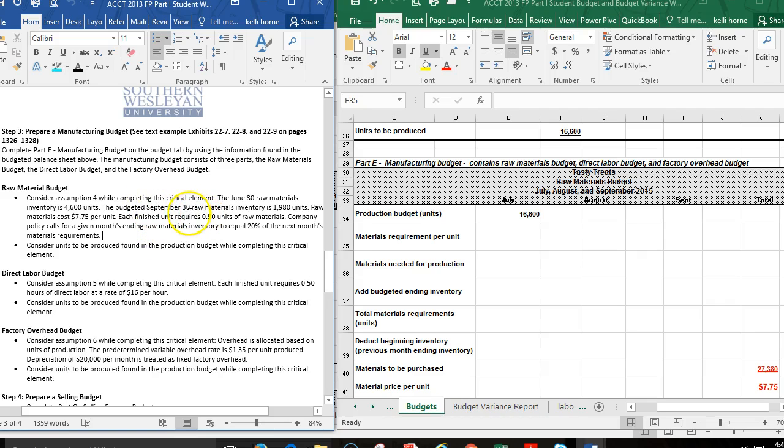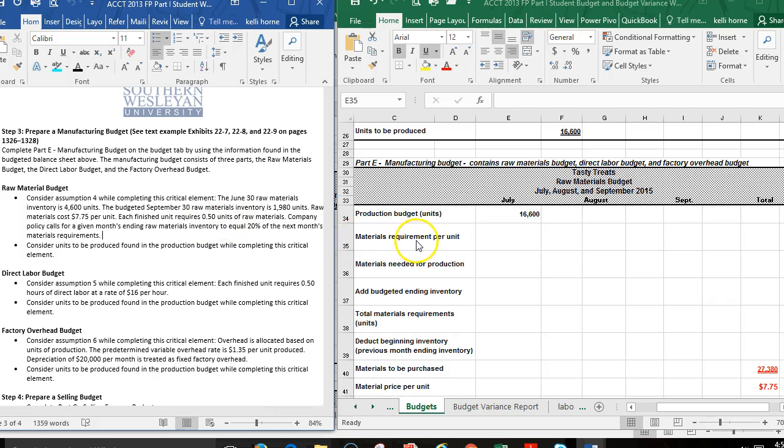And it also tells us that the budgeted September 30th raw materials is 1,980 units. Raw materials cost is $7.75 per unit, and each finished unit requires 0.50 units of raw materials. And then it also tells us what company policy calls for in this particular budget, just like it did in the production budget.